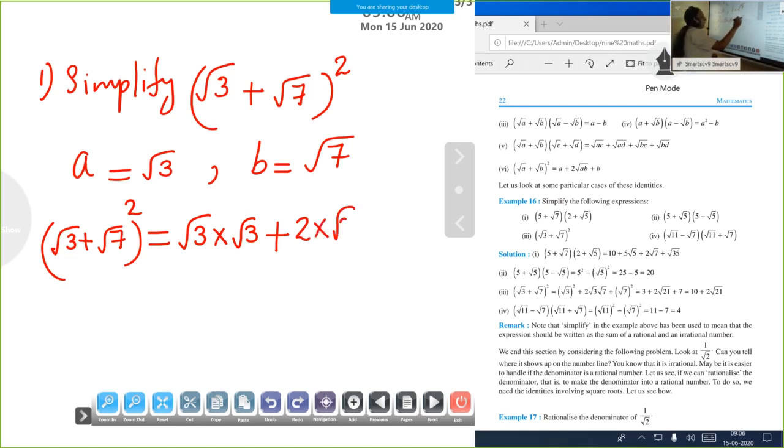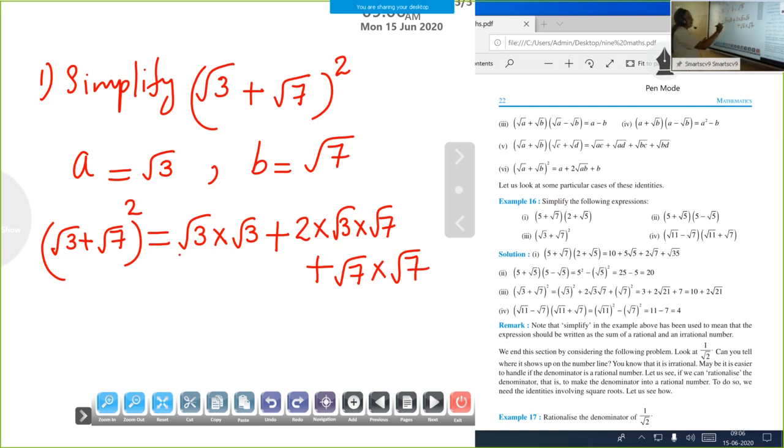A is root 3 and b is root 7, plus, and our third term, b square. The first term is a square; don't write it as root 3 square this way, you just split it and write root 3 into root 3. Plus 2ab, the 2 is already in the formula: 2 into a into b, plus b square. What is the value of b square? Root 7 into root 7.